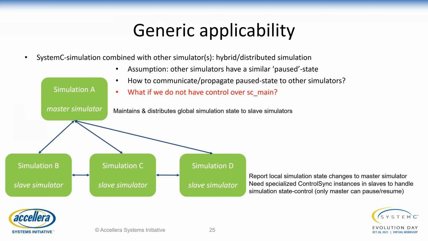So if we control all of the parts, like the master simulators and the slave simulators ourselves, we could implement something like that: we report the local simulation state changes in a slave simulator, for instance, to the master simulator. So basically we need to have some mechanism to maintain and distribute the global simulation state to slave simulators again.